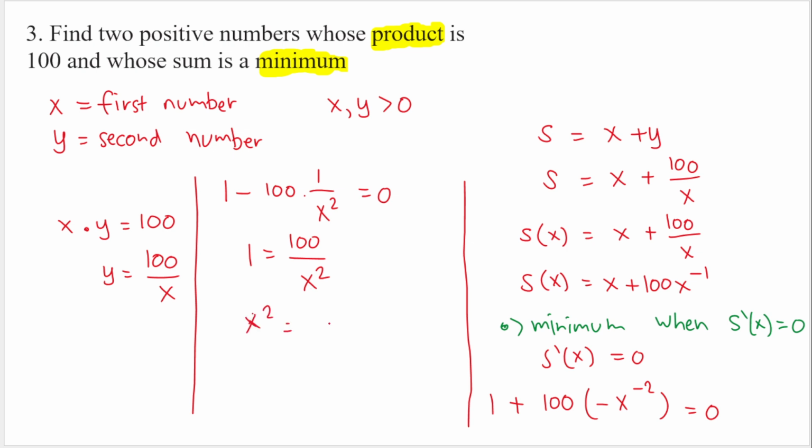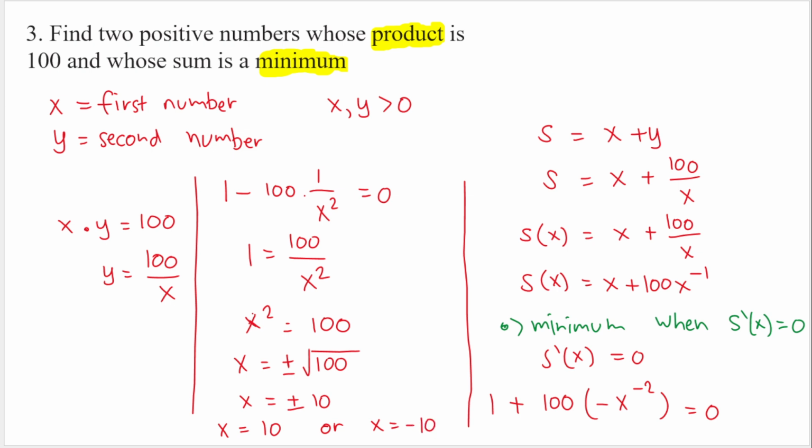So that is 100. Okay, and so we get x is equal to plus or minus the square root of 100. And then we will have x is equal to plus or minus 10. And so x is equal to 10, or x is equal to minus 10.